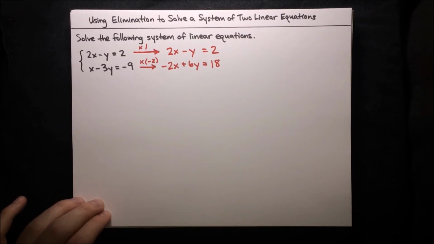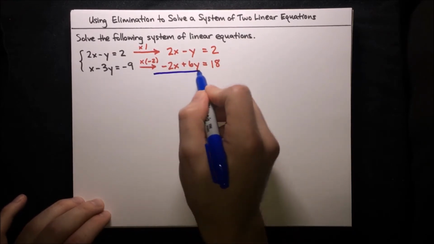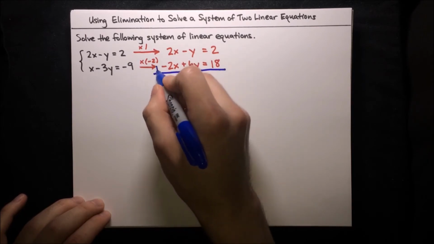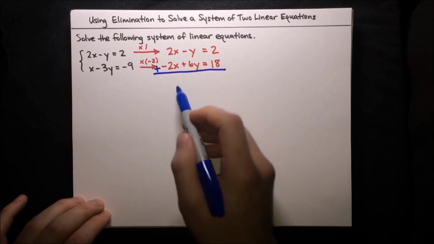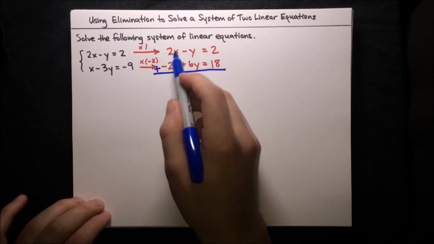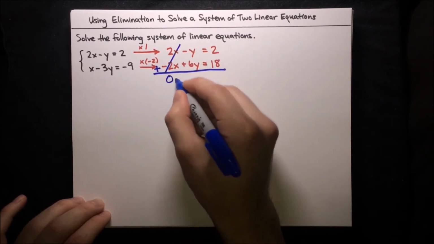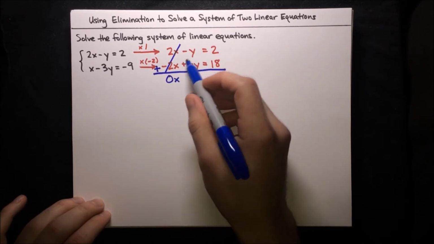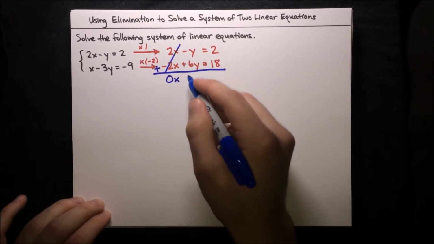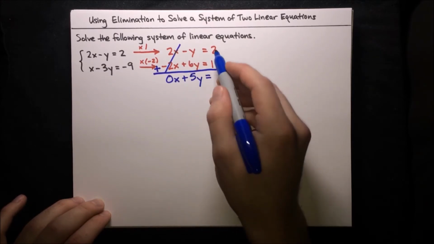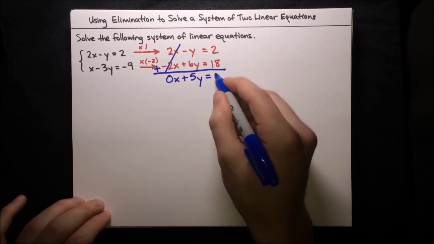And now here comes the fun part. We get to add the two equations. And if we multiplied by the right strategic amounts, then a variable should cancel here. So we'll add the two equations together. 2x minus 2x, well, that cancels, and we have 0x. And then negative y plus 6y, that's just plus 5y, and then equals 2 plus 18 makes 20.